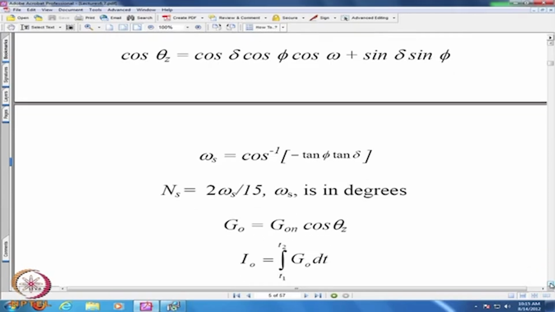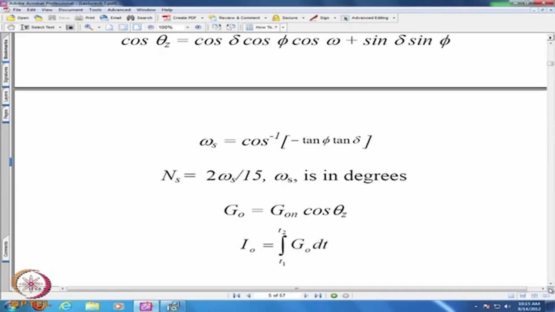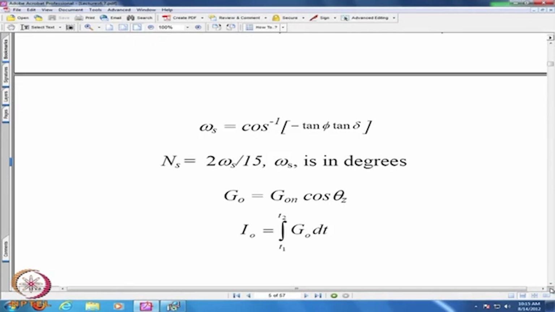The number of sunshine hours is related to the sunset hour angle, which is twice omega s upon 15, because 24 hours for the earth's rotation and it will take 15 degrees for each hour. So, n s will be the number of sunshine hours that the location will receive.